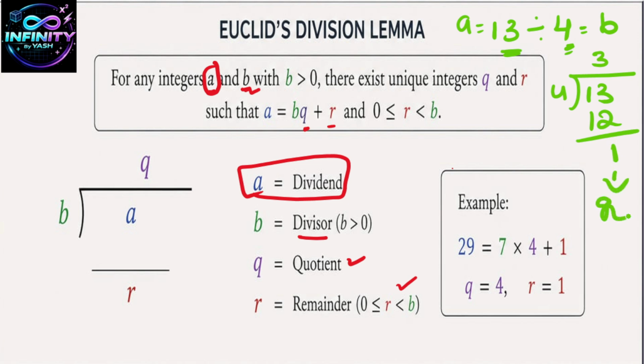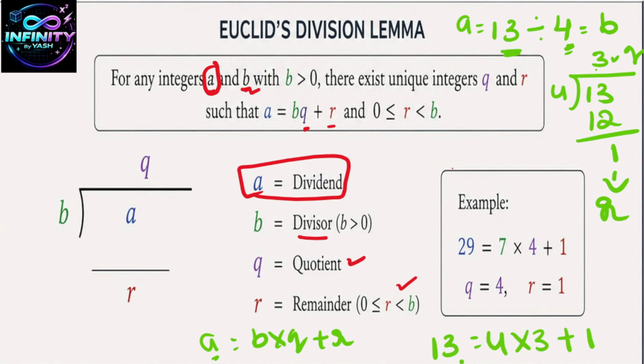So the remainder is r and the quotient is q, which is in the form a is equal to b into q plus r. So here a is 13, therefore 13 is equal to b is 4, 4 into q is 3, plus r is 1. So we can write this as 13 is equal to 4 into 3 plus 1. We have written it according to Euclid's lemma.